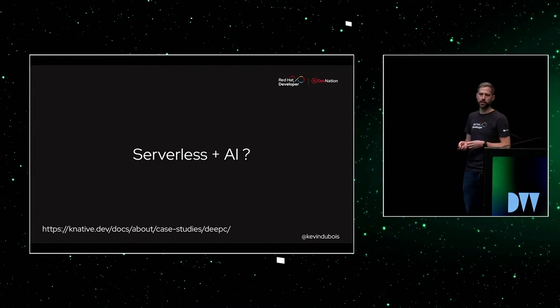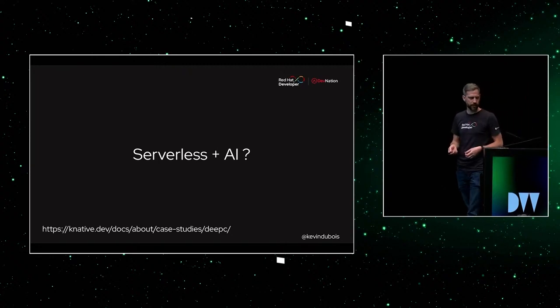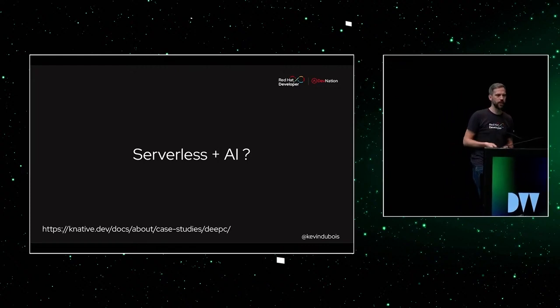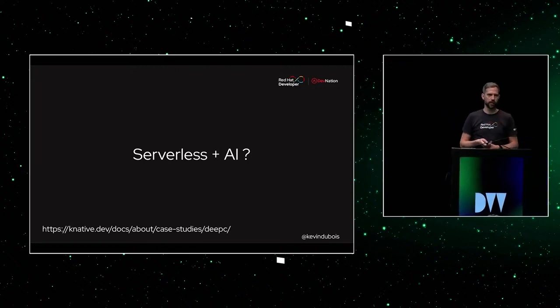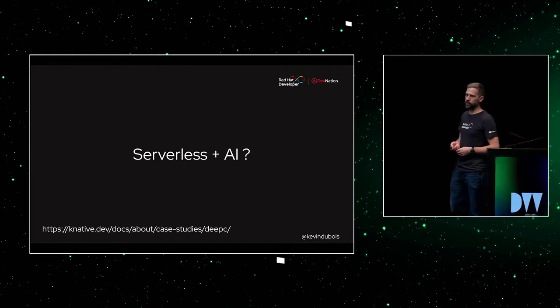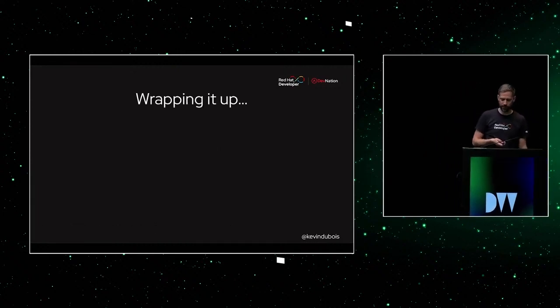So there's a bunch of use cases with AI and serverless. So it's a nice marriage of the two hot topics. So you can see there's a link from the Knative project itself with a case study of a particular company that is using Knative with AI. So if you're interested in that, definitely take a look at that.